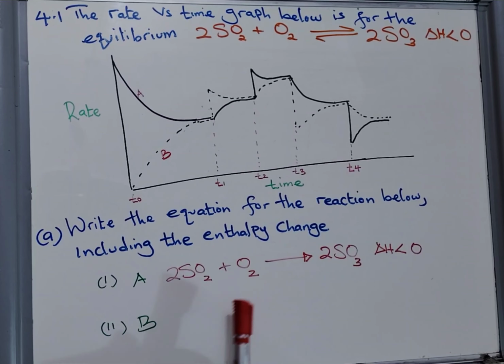You have to note that because enthalpy change for the forward was less than 0, the enthalpy change for the reverse is supposed to be greater than 0. So it's going to be enthalpy change greater than 0.